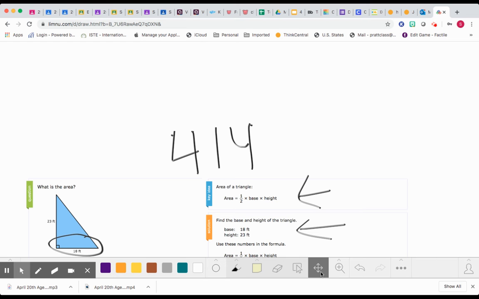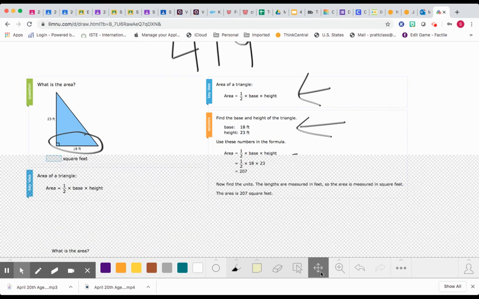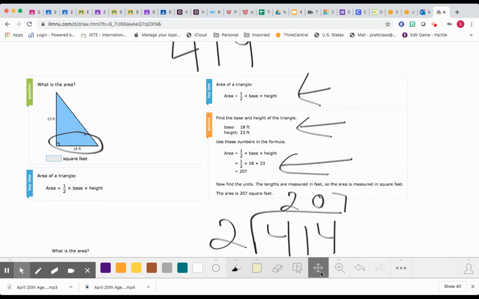Because that's what it says here as it breaks down the formula. So 207 would be our answer. So the area for the triangle here, this blue triangle, is 207 square feet.